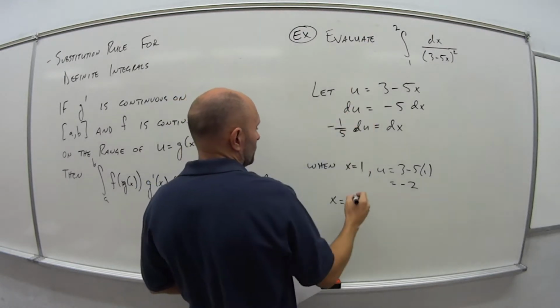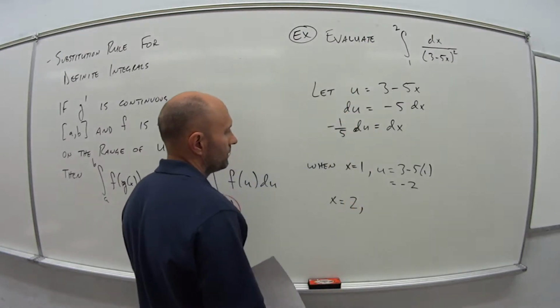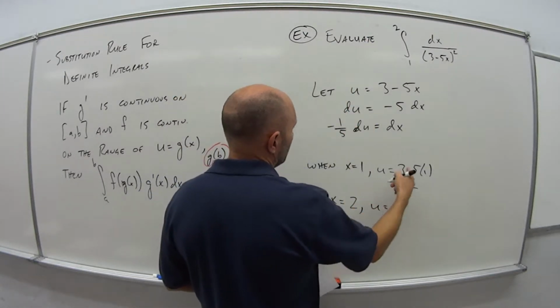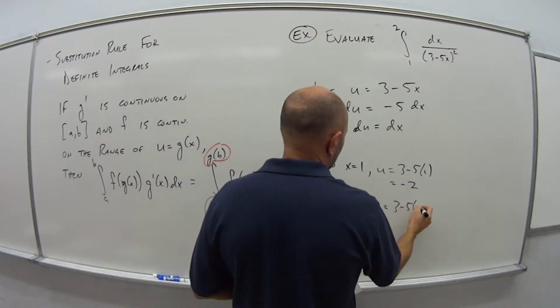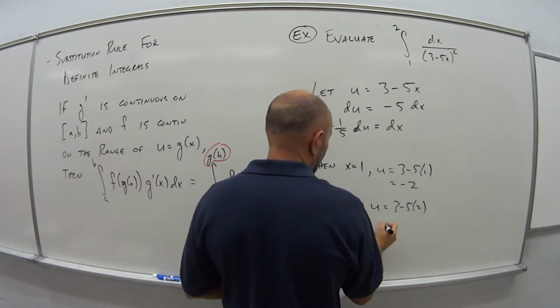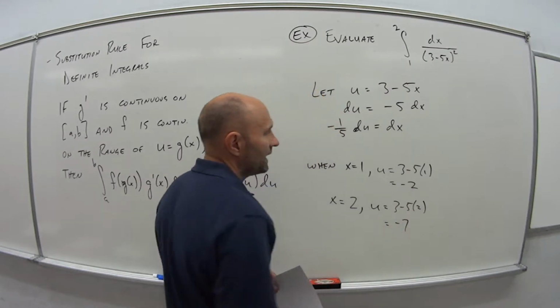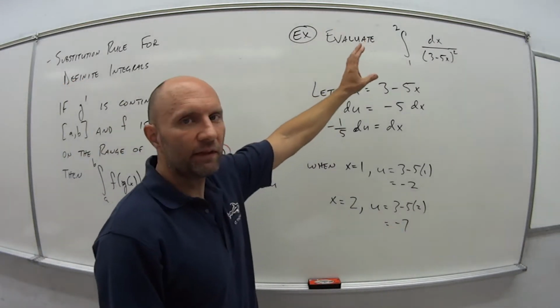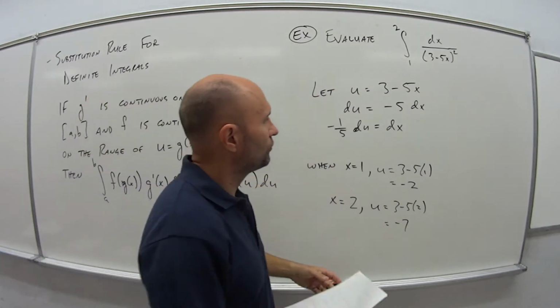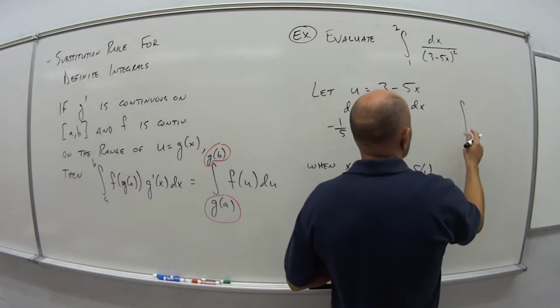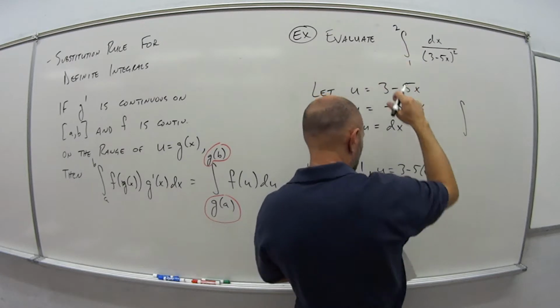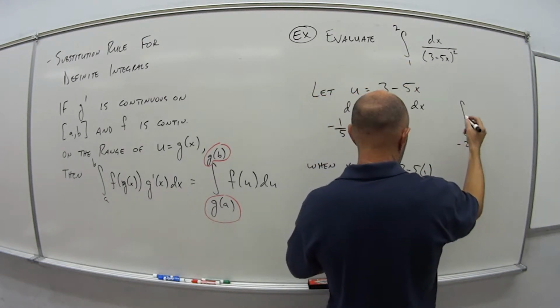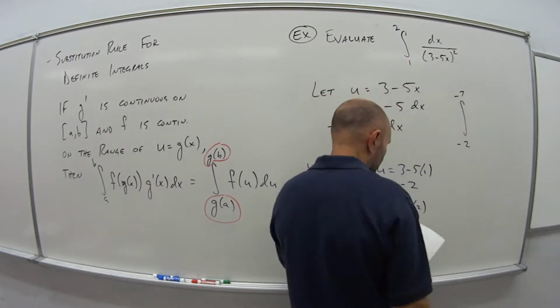And when x is equal to 2, the upper limit, u is 3 minus 5 times 2. 3 minus 10 is negative 7. So when I rewrite the original using u substitution, my values on the integral sign are not 1 and 2, they're negative 2 and negative 7.